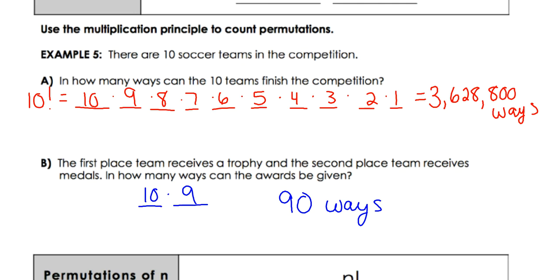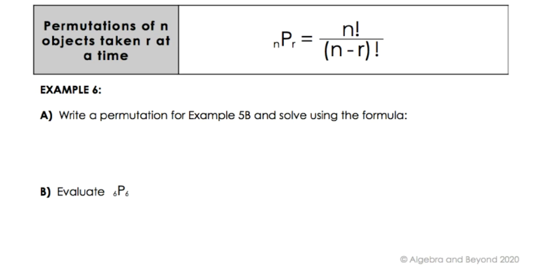All right, we're going to take that one step further here, and we're going to talk about permutations of n objects taken r at a time. So this is what happens when we say, okay, you have this many teams to pick from, or this many objects to pick from, and we're only going to select a certain number of them. So we're picking a certain number out of a total.